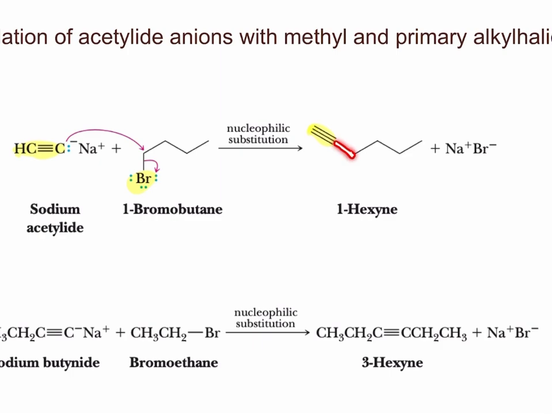In organic chemistry, anytime you have formation of a new carbon-carbon single bond, that's a very significant reaction because that's one way to build the molecule. Depending upon the number of carbons that you need, you can choose the alkyl halide. So let's say that I need 5 carbons here, then you can take 1-bromopentane. And in this way, you can tailor the number of carbons in the molecule.